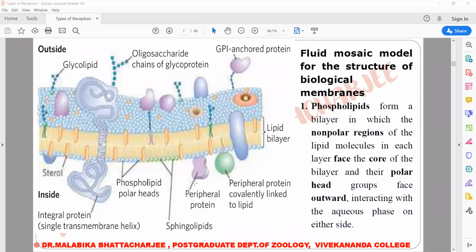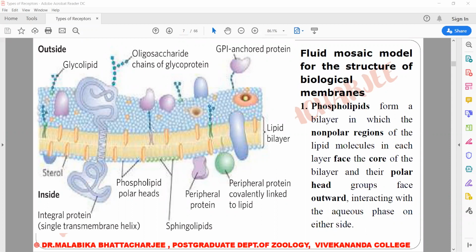So let's start with the lipids. As I said, the membrane is made up of lipid, protein and carbohydrate. So we start with lipid because that forms the skeleton of the plasma membrane. As I said, the lipids basically are the phospholipids, which form a bilayer.